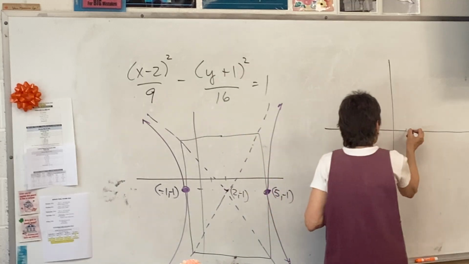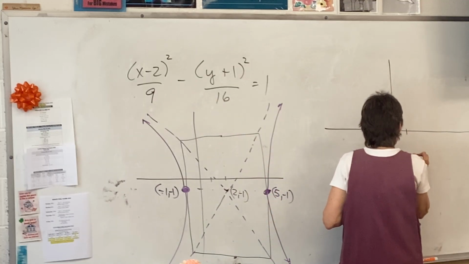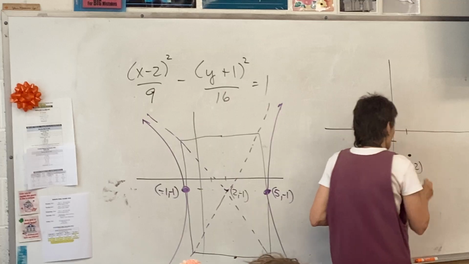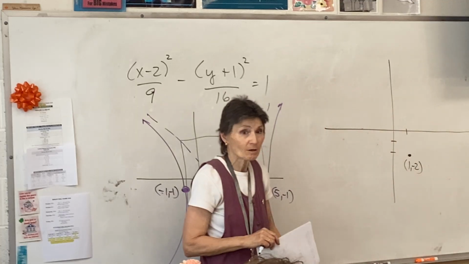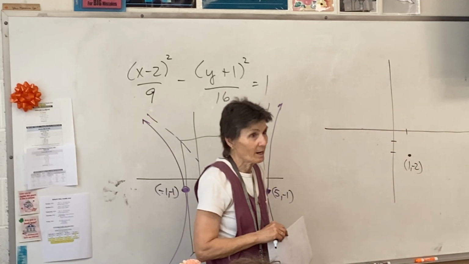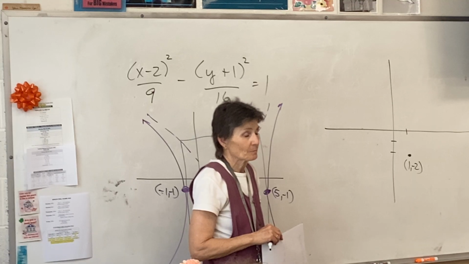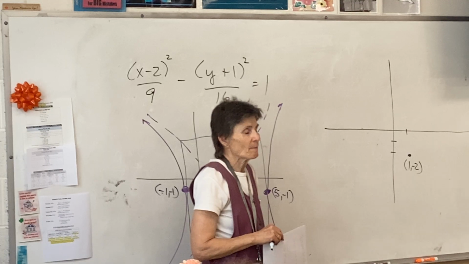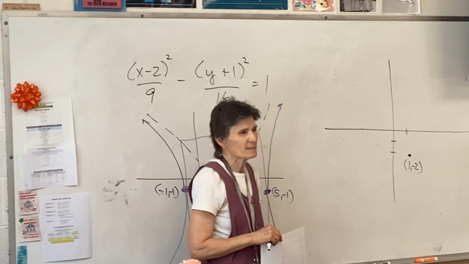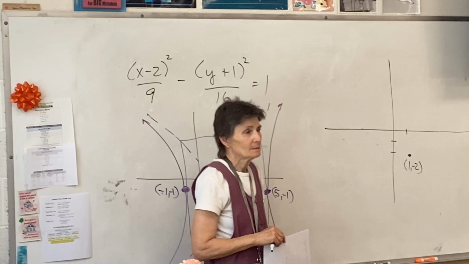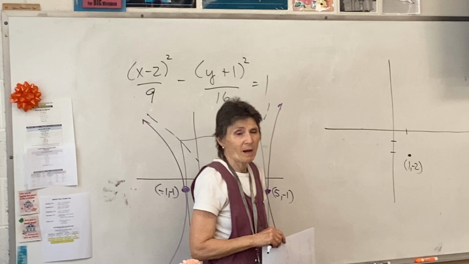Why is the center at 1, -2? Because when you write an ordered pair, it's always x comma y. Agreed? What happens, by the way, if you put your center in the wrong place? Everything's wrong. Yeah, you wanna get that center in the right spot.